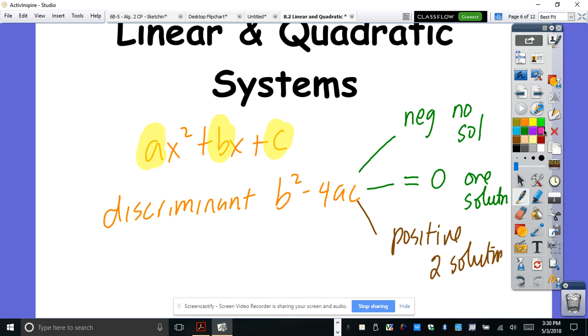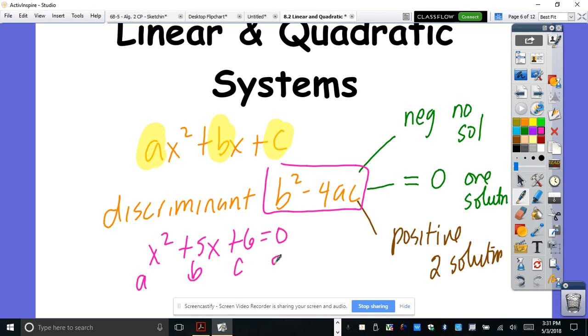For example, if I tell you that my equation is x squared plus 5x plus 6 is equal to 0, my a is 1, my b is 5, my c is 6. So, applying this formula, b squared is 5 squared minus 4 times a times c: 25, 4 times 1 is 4, times 6 is going to be 24. 25 minus 24 is going to be 1, which is positive.